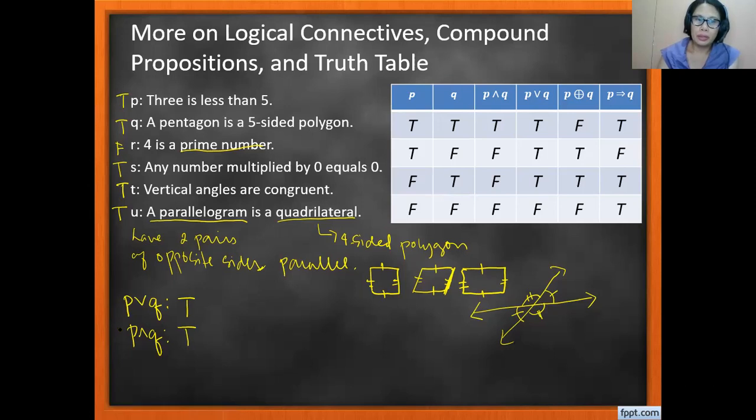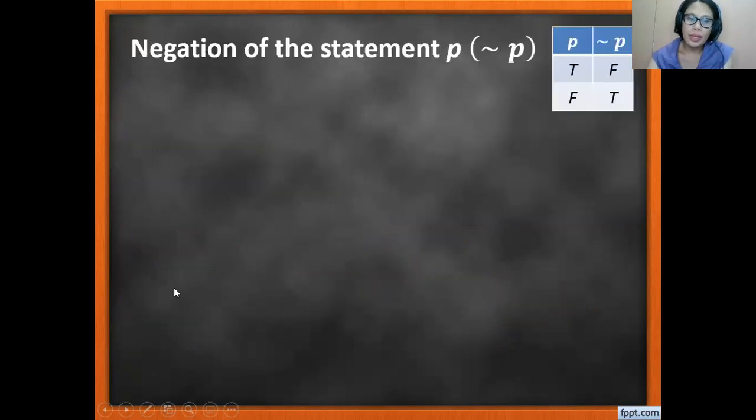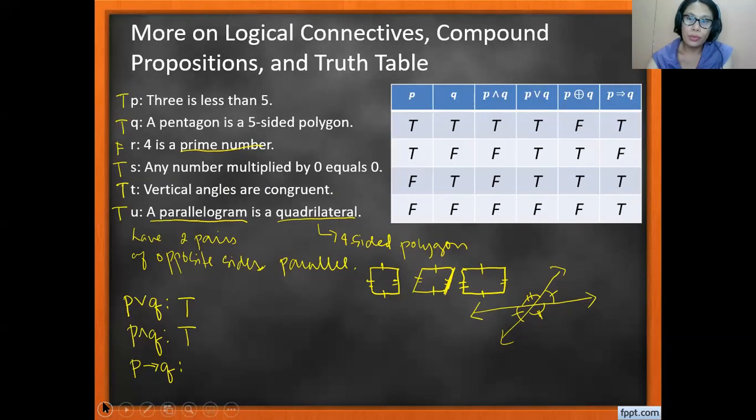How about if P then Q? When we say if P then Q in our example statements: if 3 is less than 5, then a pentagon is a five-sided polygon. That's how we construct if P then Q in our example. And if P then Q is true.